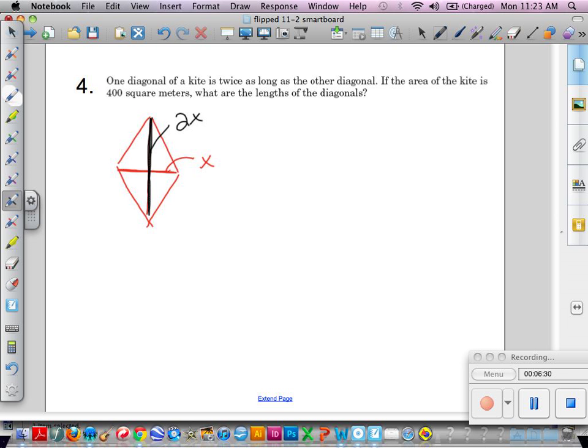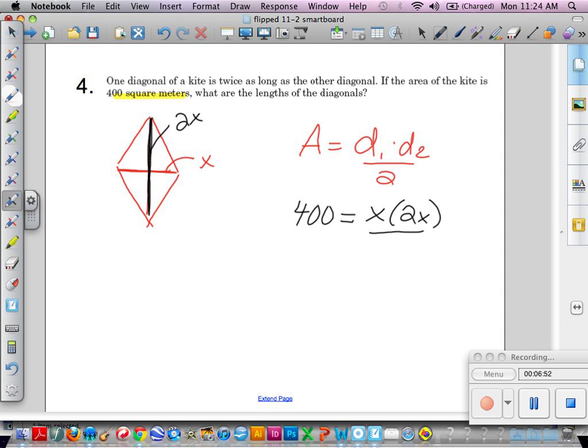They're giving you the area. So remember, for a kite, area is D1 times D2 divided by 2. Your area is 400. Diagonal 1 you called X. Diagonal 2 you called 2X. And then divided by 2. Do you see there?